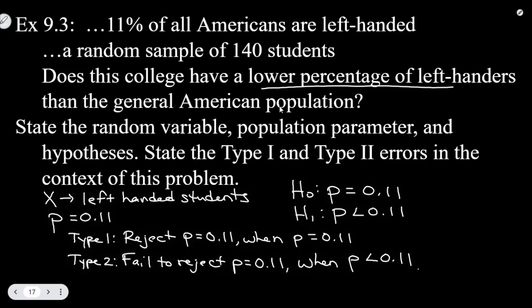We wouldn't be required to reject that unless it was actually less than 0.11. So that is our random variable, first part. Our parameter that we're talking about was P. Then we have our two hypotheses here, and our type 1 and type 2 errors based on this scenario.